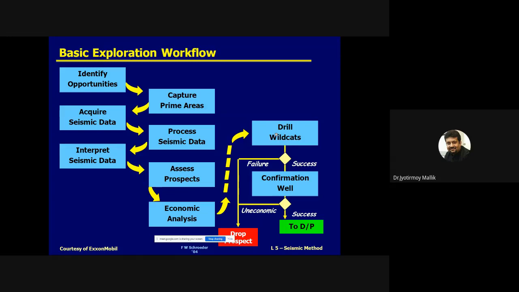The first wells you drill are called wildcat wells. If this is a success, you develop the field. If it is a failure, you drop that prospect or abandon that field. This is more or less the total exploration workflow followed by oil and gas companies.